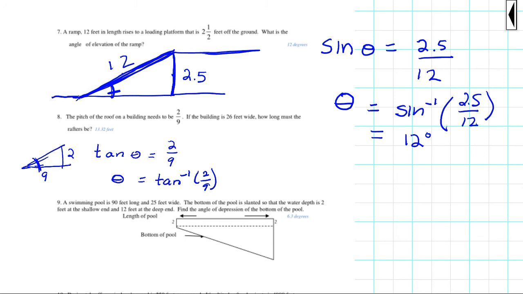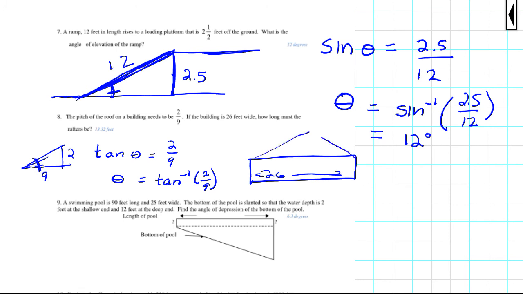Now we're going to take a look at the building. So the building is 26 feet wide. So that means this is 26 feet. Take a look at the roof. If we want to make that into a right triangle, then instead of being 26 feet, the base of that triangle is half of 26 feet, or 13 feet.